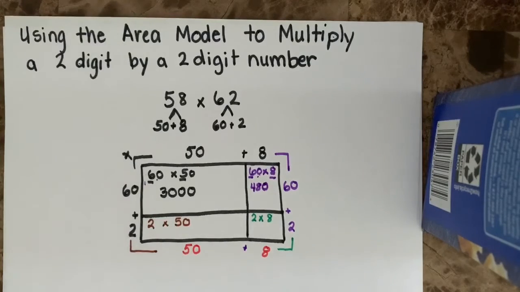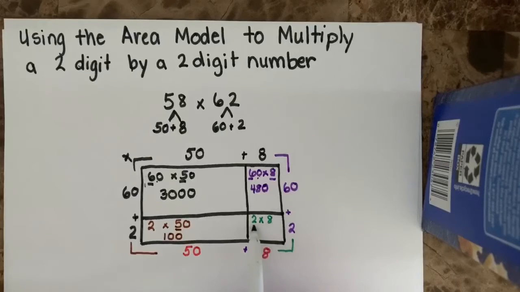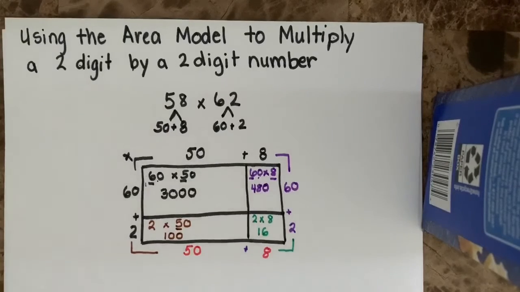Now I'm going to go down here to this box, and I've got 2 times 5 for my basic fact, and my answer would be 10. But I'm multiplying by 5 tens, so I have to put that 0 in my answer to show that I multiplied by 10. And now I'm going to come over here to my final box. 2 times 8 is 16.